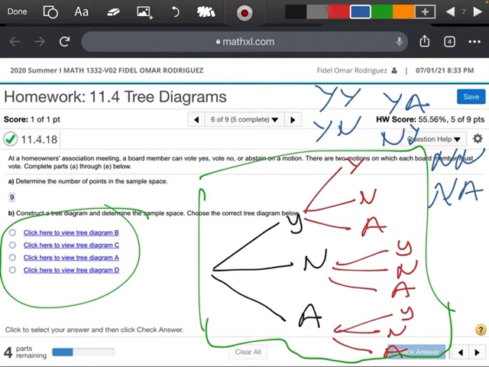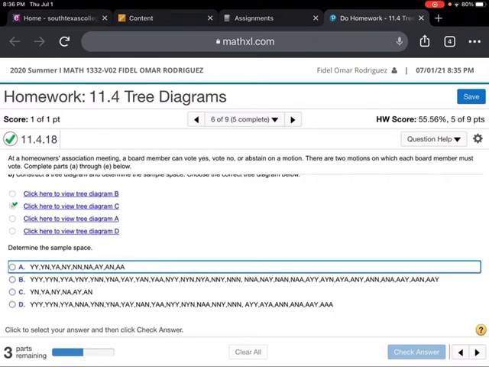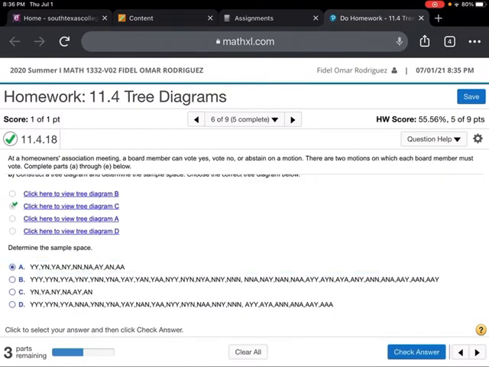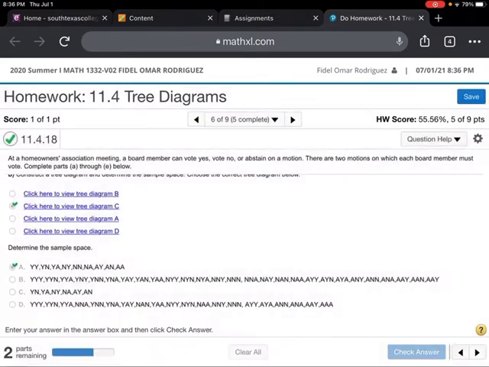And then I would do the same thing: abstain and yes, abstain and no, and abstain and abstain. So if you notice, we have our 9 choices there, right? So when I come back over here, that would be my first option here, right? So I'm going to pick A. There we go. We got it. Let's check our answer. Que bueno, right? How good.